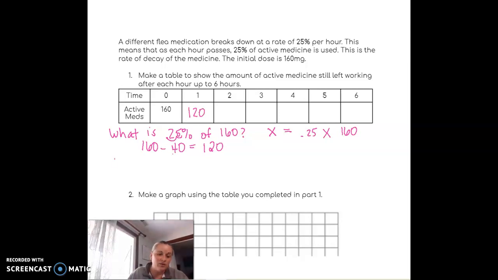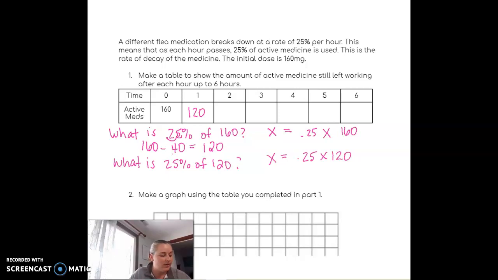Then I'm going to find out what 25% of 120 is, because 25% of this goes away for hour number 2. So some number x is equal to 25% of 120.